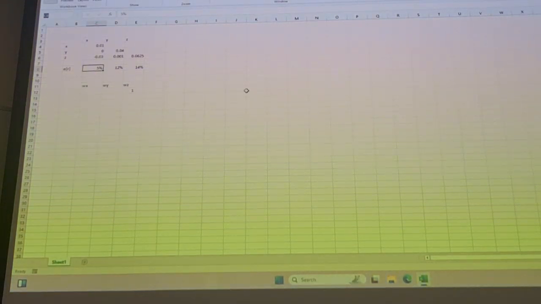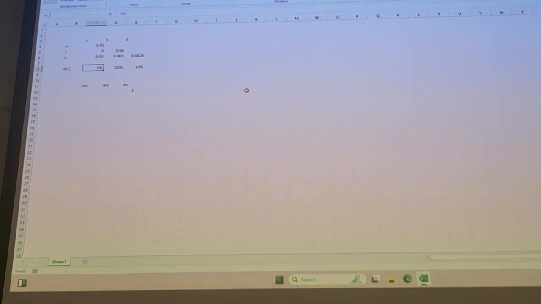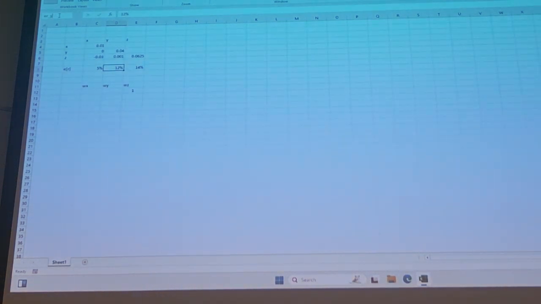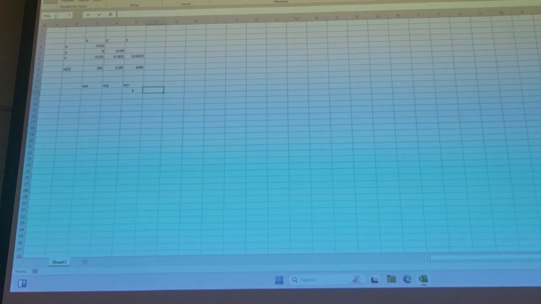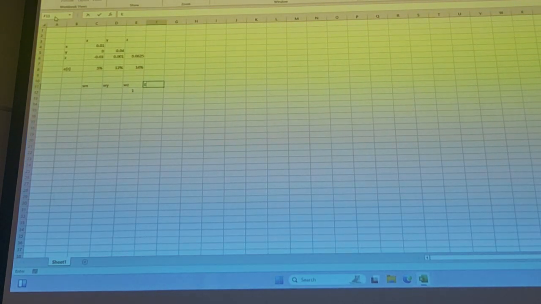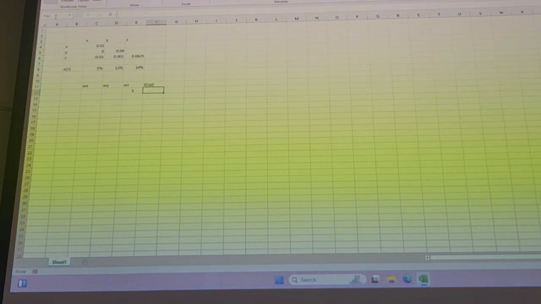Alright, so I'm going to call this the expected return of x, and this one expected return of y, and this one is going to be expected return of z, right? So the way you're going to write the formula here is this is going to be expected return of p. And how do you calculate that?